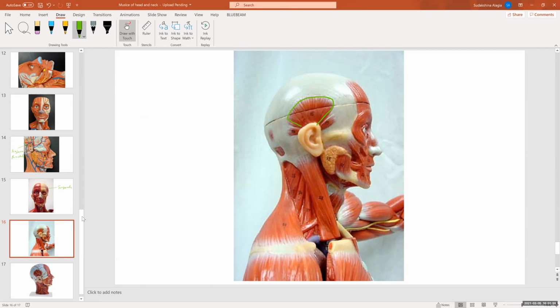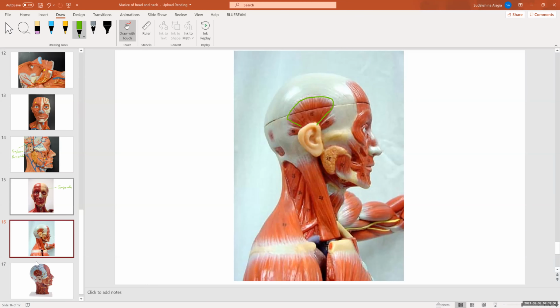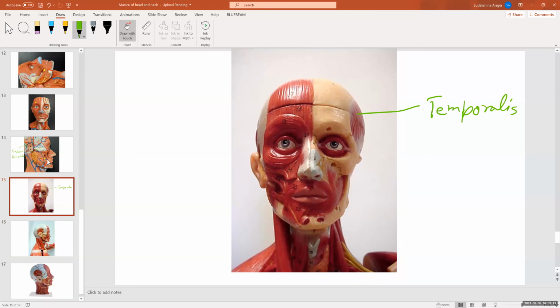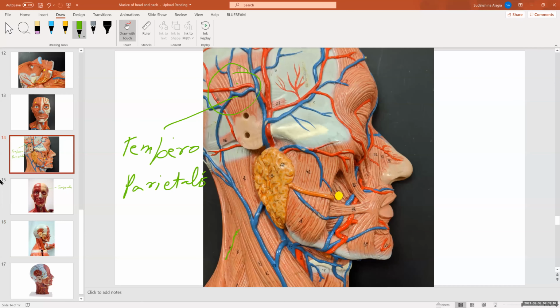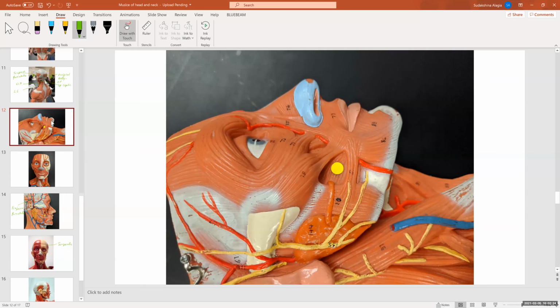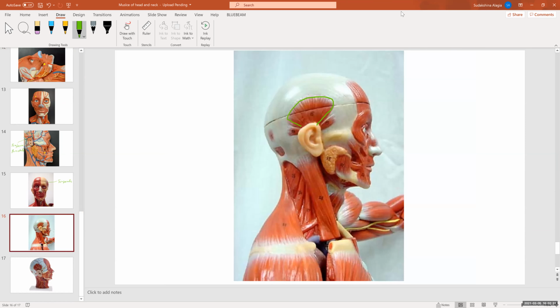So identify the muscles in the rest of the models here. So this one, and this one here, basically these models are showing you the same muscles that we already identified. Make sure you identify the muscles that we discussed so far in these remaining images as well. Okay, that's it. Muscles of the head and neck.